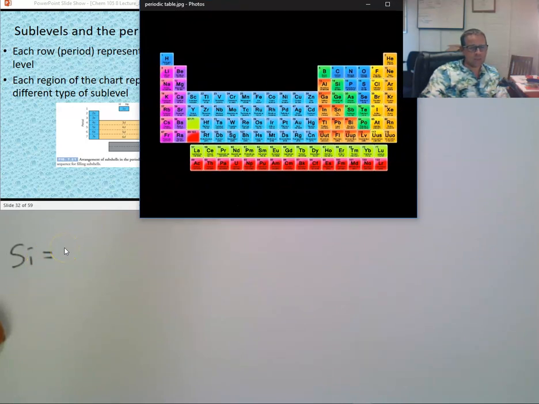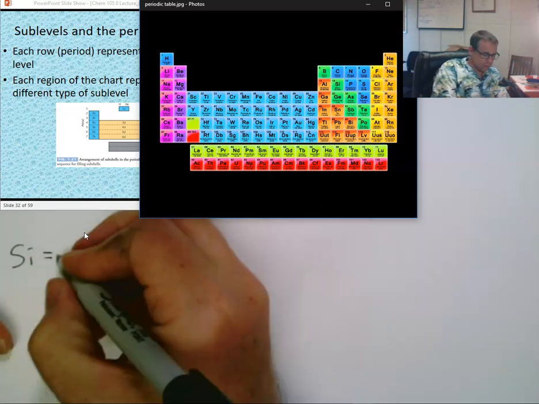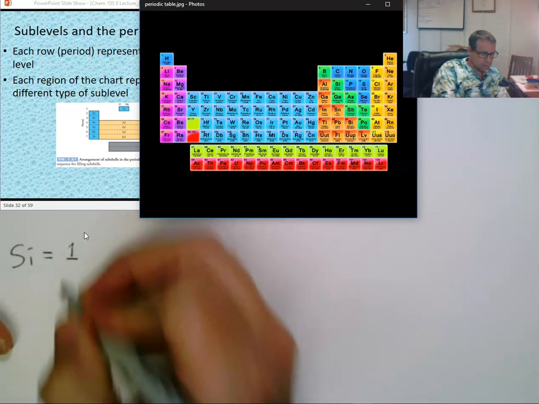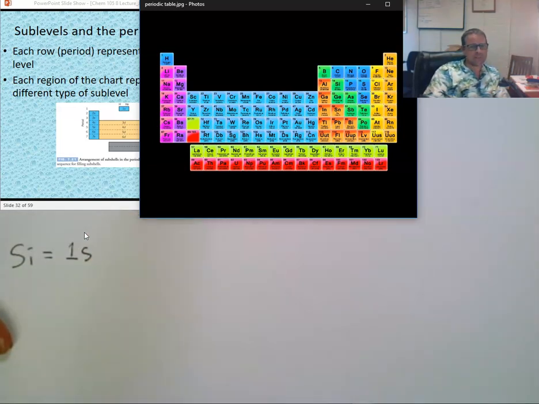What we do is we write, of the 14 electrons, the first electrons have an N value of 1. They have an L value of, let's see if you can remember. If I say these are S electrons, what is the L value, Aisha? 0.